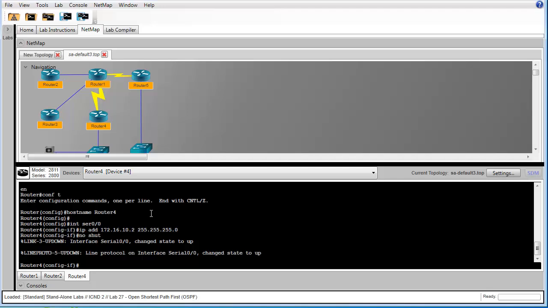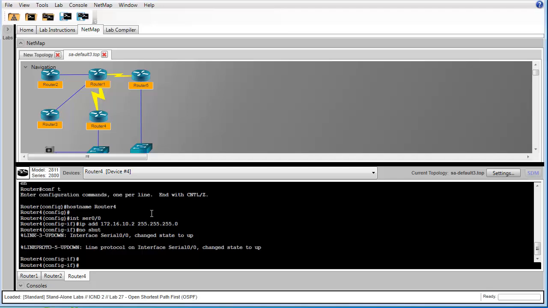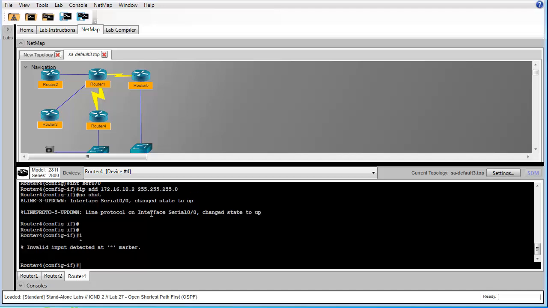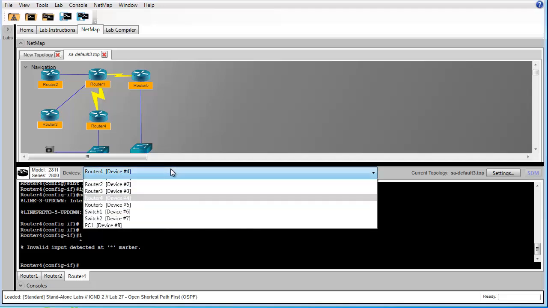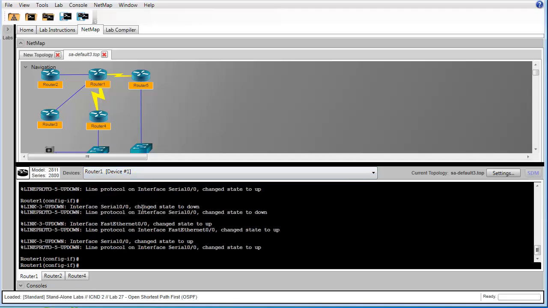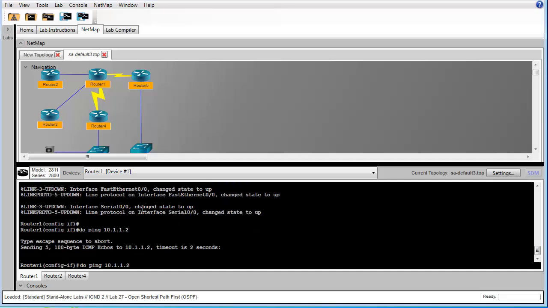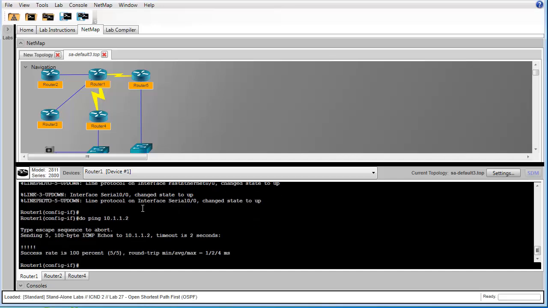The final step in task 1 asks us to verify what we've done, and we're going to issue pings to verify that we can get to the directly connected neighbor. And I'm using the do command here to stay in global config mode.